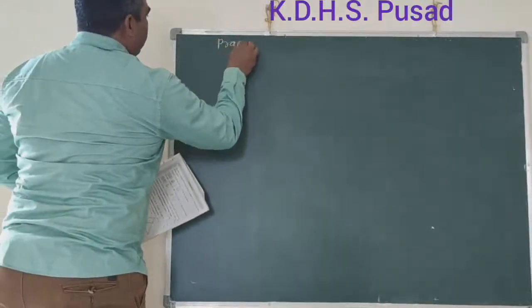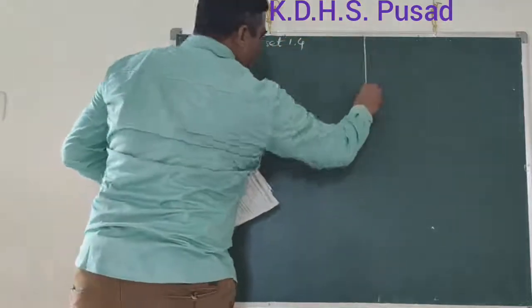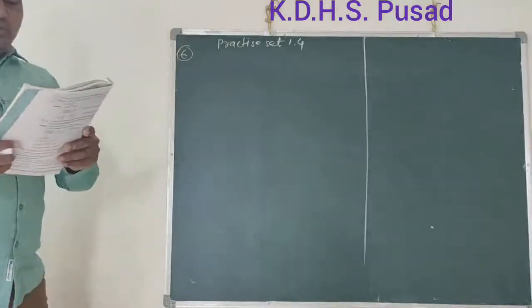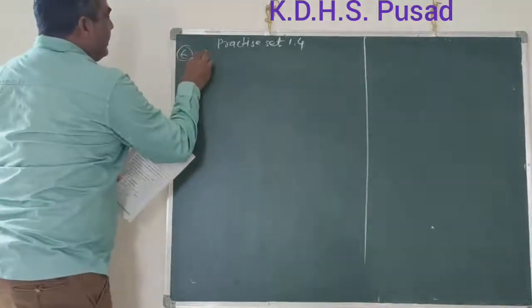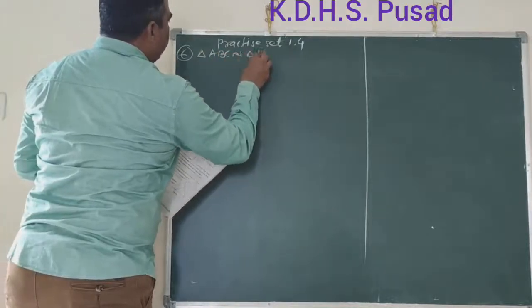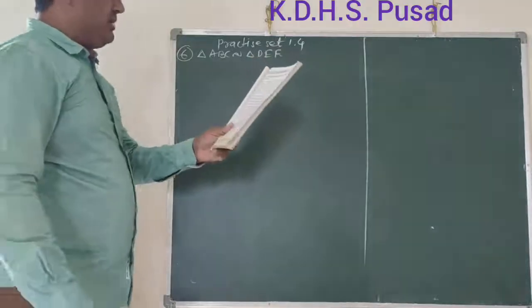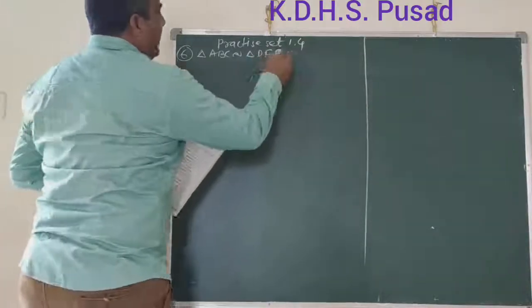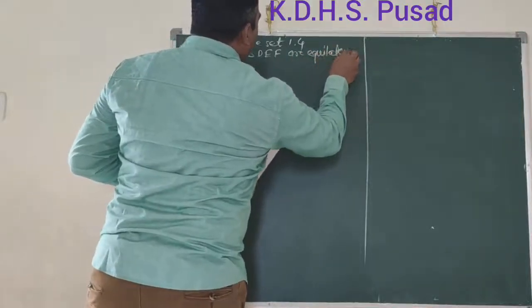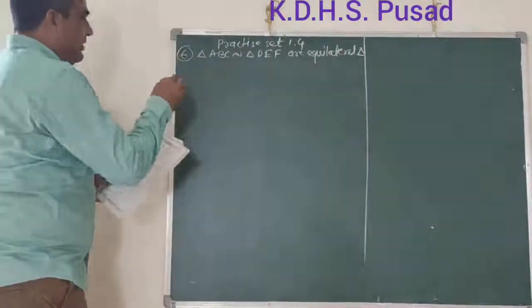Practice set 1.4, question number 6. Easy question. In this question, you are given that triangle ABC similar to triangle DEF. That is given to you. And then you are given that both are equilateral triangles.